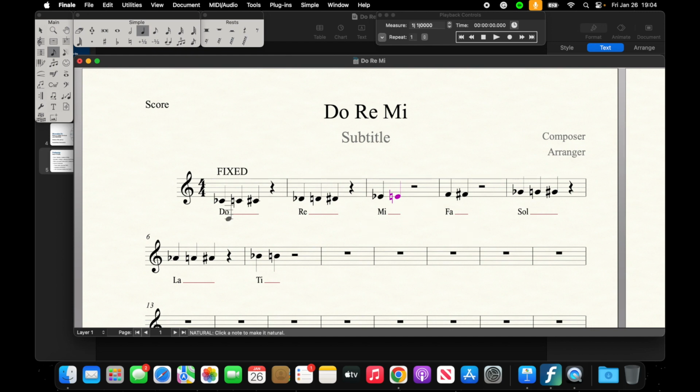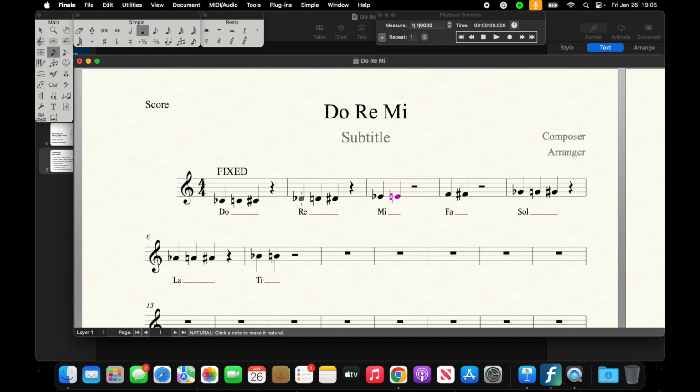But of course, I grew up with Moveable Do. The nice part about fixed do, for the reading, is that the pitches always stay the same. The first space will always be fa. This top line will always be fa. La is always second space. Sol is always second line, and Re is always here.